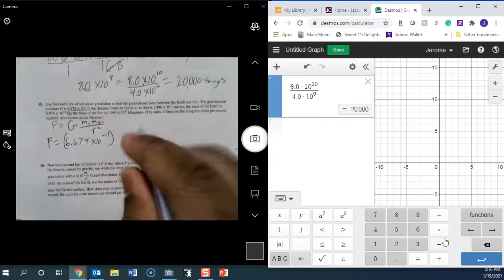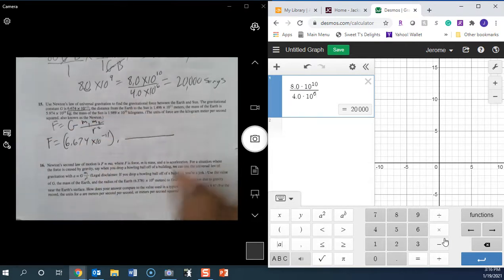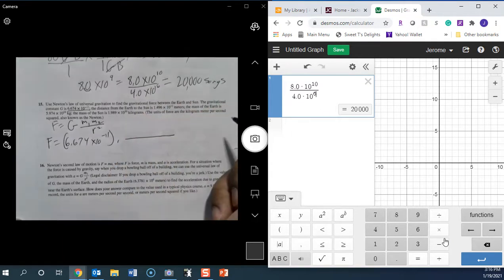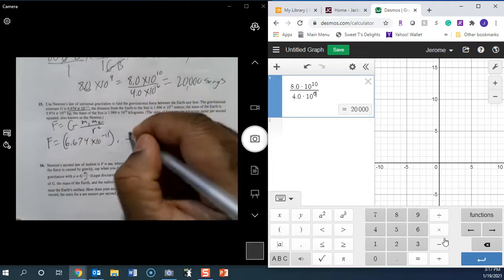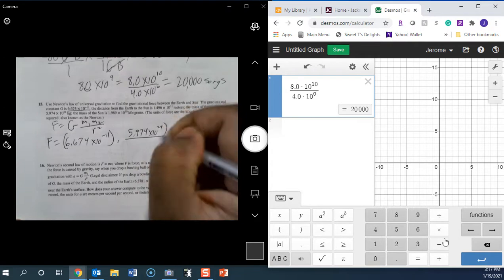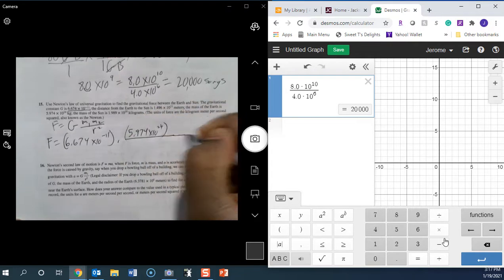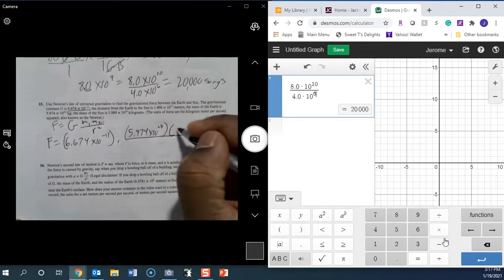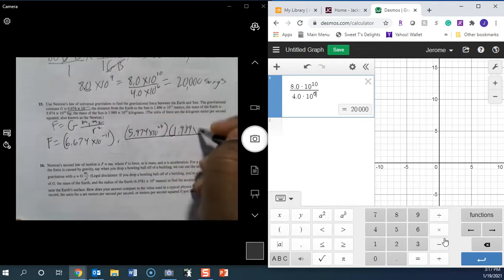Put that in a parenthesis, times our numerator. We add the mass of the Earth, 5.974 times 10 to the 24th. And then we also have the mass of the Sun, which is 1.989 times 10 to the 30th power.